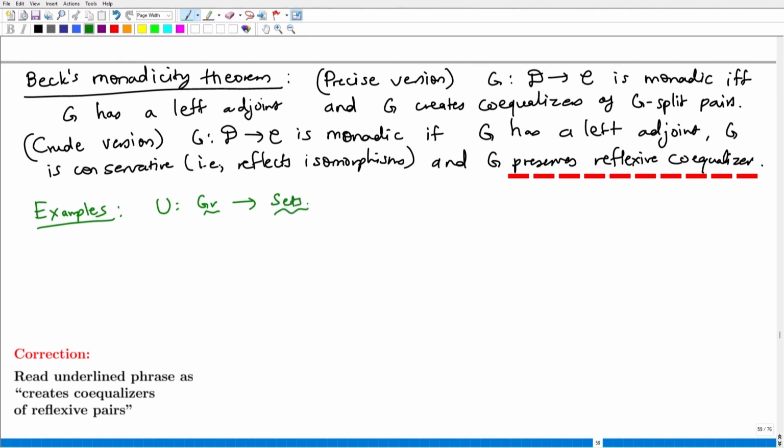This U from groups to sets. Obviously it has a left adjoint, the free group functor, and it is conservative.